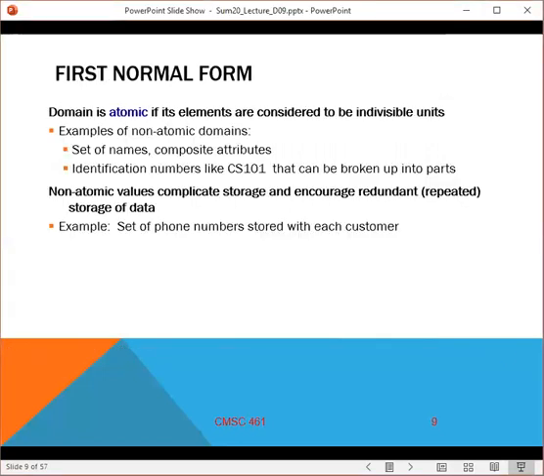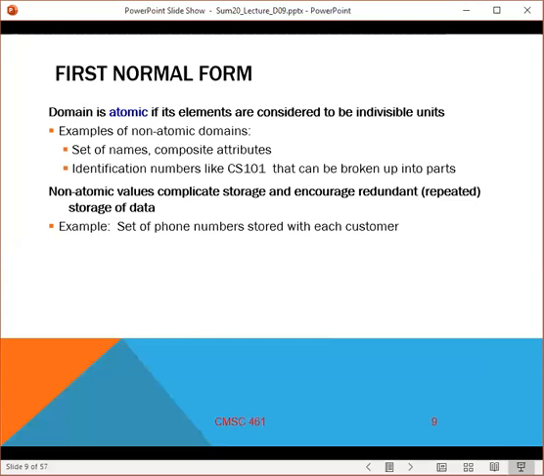So first normal form describes a tabular format in which all key attributes are defined. There's no repeating groups in the table like phones, and all attributes are dependent on the primary key. All relational tables satisfy first normal form requirements.